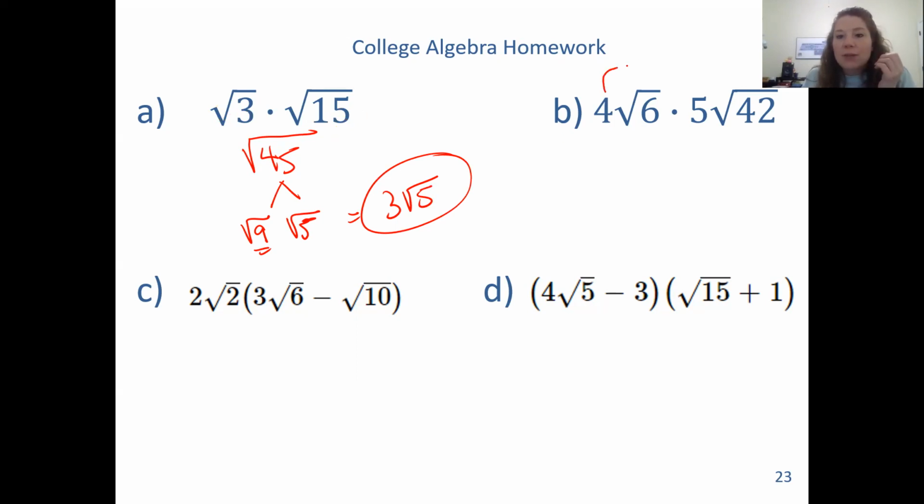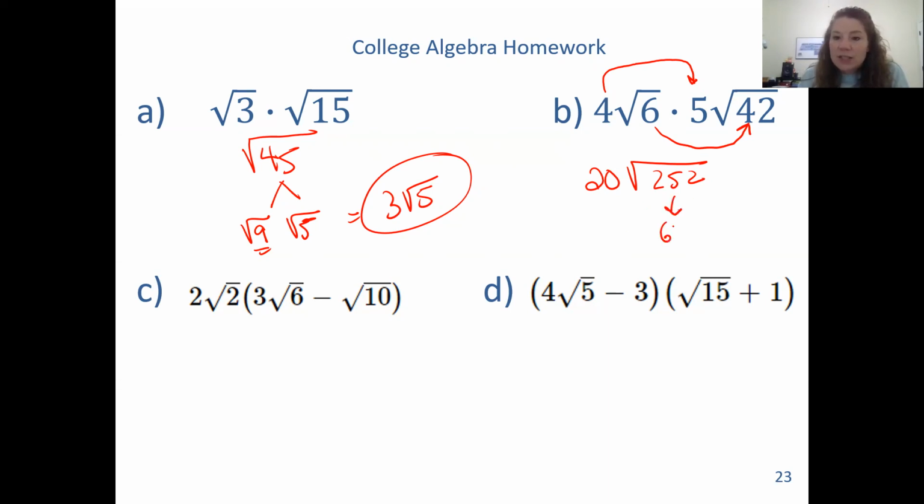So for B, you can multiply what's outside and multiply what's inside. So 4 times 5 is 20. 6 times 42, 42 times 6 is 252. And then in my calculator, the square root of 252 is 6 square roots of 7.